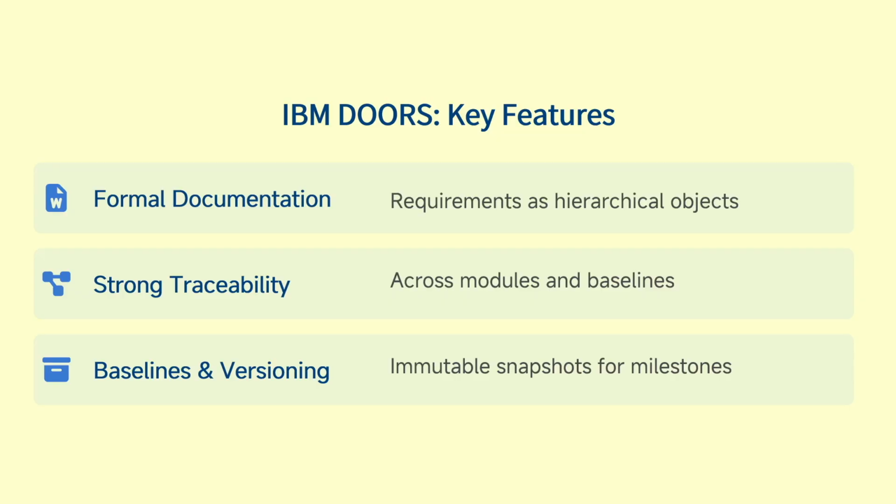So the key features: how does the strictness come into the picture? First, formal documentation, where the requirements are treated as hierarchical objects. So there should not be any contradicting requirements or anything that is not in good functionality. Second is strong traceability.